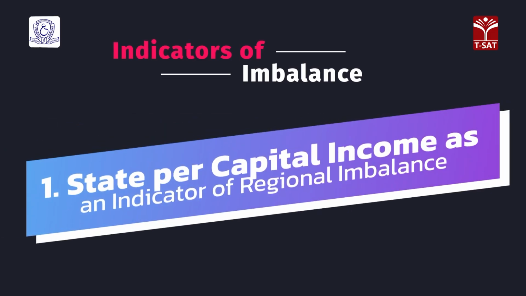The state per capita income as an indicator of regional imbalance. The most important indicator of regional imbalance and disparity among the different states of India is the difference in per capita state income figures.